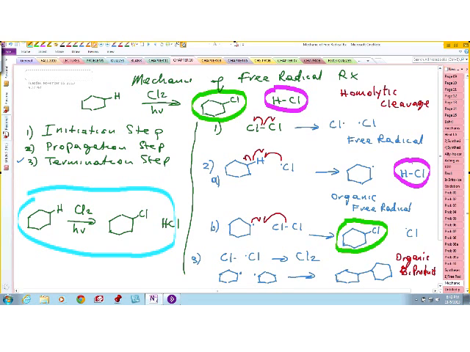If I just give you this reaction and say give me the mechanism, in other words, show me how this product is formed, then you have to give me the complete mechanism that you have here, including the termination step, but you could use any of the free radicals to terminate the process.